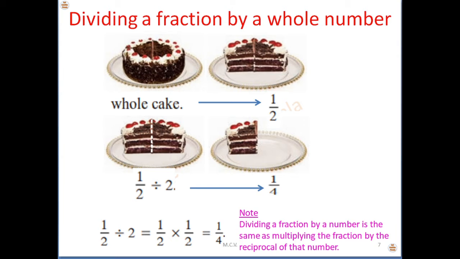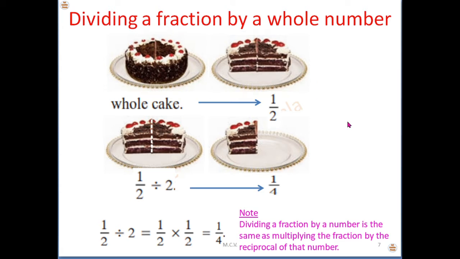Now let's see how to divide a fraction by a whole number. Here there's a cake. We get half of that. Then you have to divide the cake into 2 equal parts. This is the half of the cake.